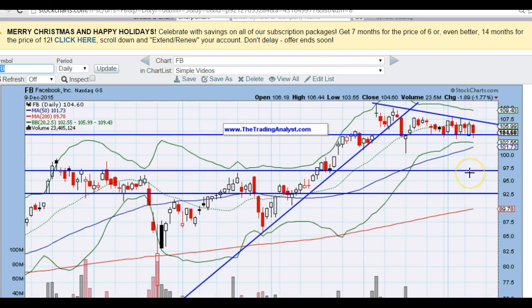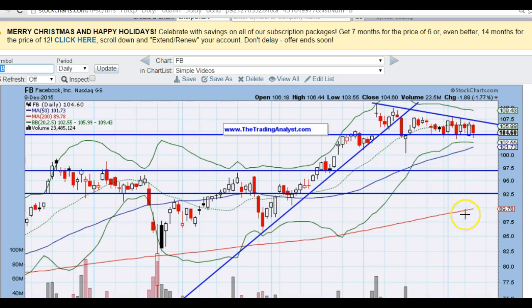Targeting about 96. There's some really nice support at 96. If 96 breaks, there's another really nice support at 93. So right in this area between these two marks should provide some nice support for Facebook. If it does get down there, I'm definitely going to be looking for some possible longs.